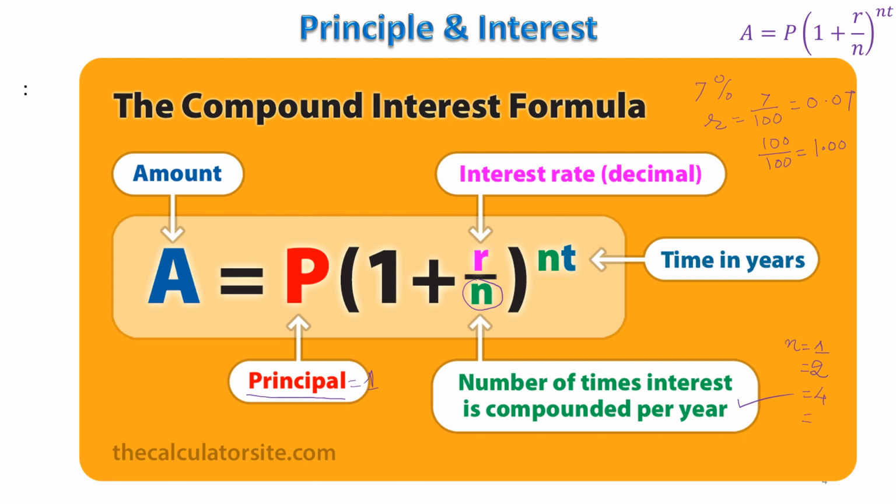If some good bank is offering better rate of interest and better frequency of calculation, compounding every month, so n is equal to 12. Some bank can offer compounding every day, 365 days, n is equal to 365. So n is this frequency.